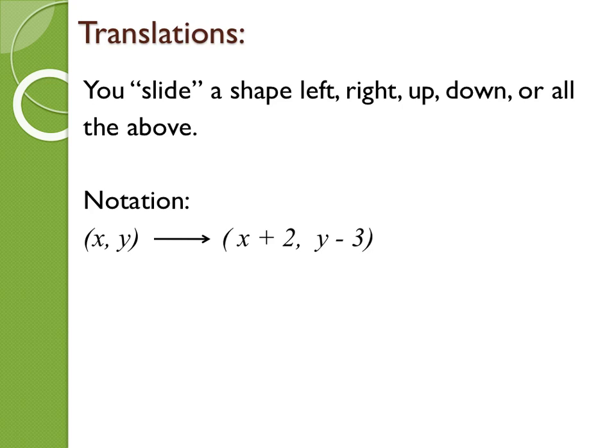So notation, my x and my y will be x plus 2. That means I'm moving my x point to the right 2. My y is y minus 3. That means I'm going to go down 3. If it was a negative 2 here, we would go to the left 2. If it was a positive 3, we would go up 3.